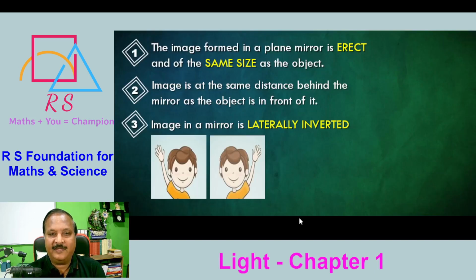So now let me tell you one more property. The image formed in the mirror is virtual. There are two types of images, virtual image and real image.